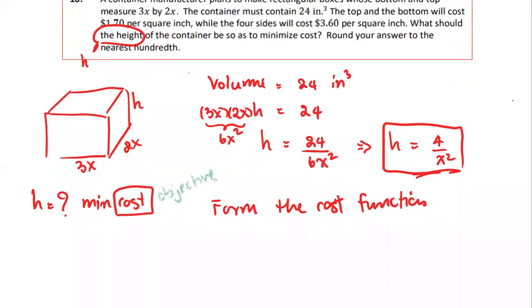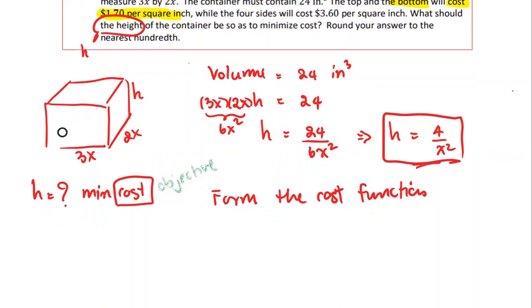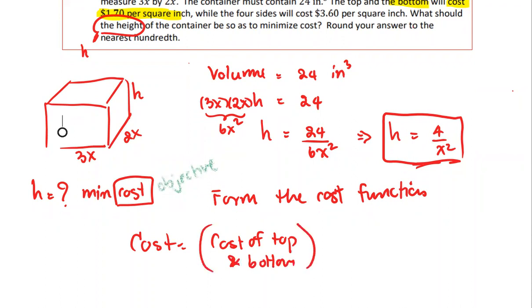Since the cost depends on the size of the box, for the bottom and the top, the cost is $1.70 per square inch. So our cost function is going to be the cost of top and bottom added to the cost of 4 sides.